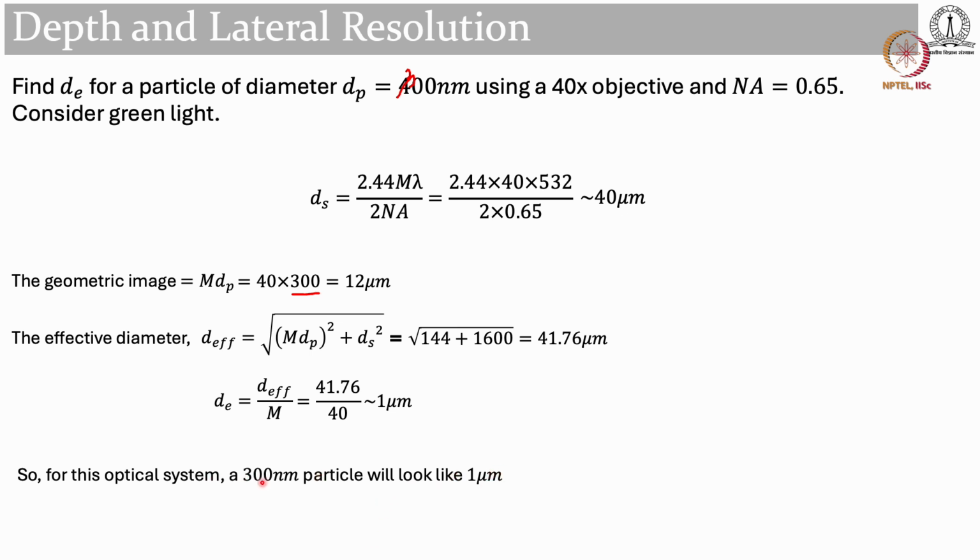So you can see a particle of the order of nanometers starts looking like 1 micron. There is a difference of around 700 nanometers in the diameter of the particle. This is the problem you face when you are seeing the resolution in a single plane, and it is caused mostly by the diffraction of light, which is mostly unavoidable.